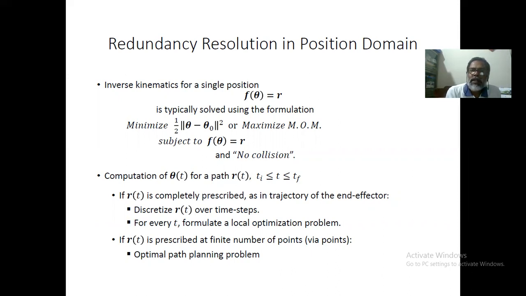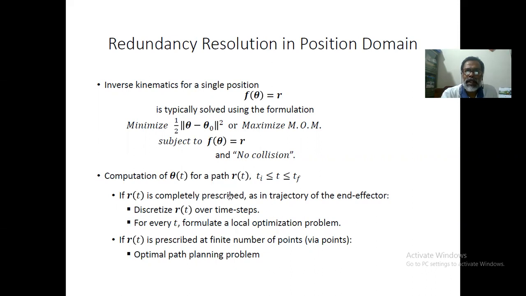So that would mean that at each time step where the end effector is, that has been specified completely. In that case, this basically breaks down to a large number of problems of this kind, right?